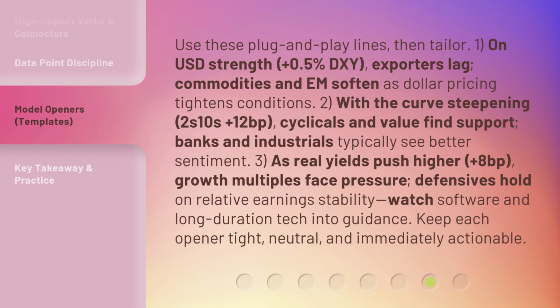Banks and industrials typically see better sentiment. 3. As real yields push higher, plus 8 BP, growth multiples face pressure. Defensives hold on relative earnings stability. Watch software and long-duration tech into guidance. Keep each opener tight, neutral, and immediately actionable.